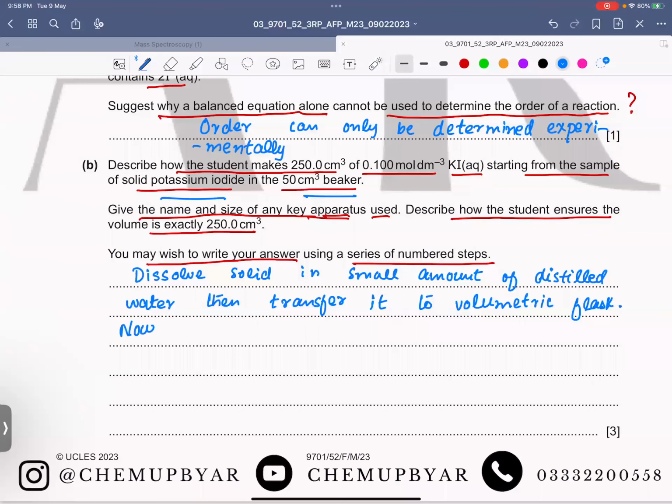Now wash the beaker and transfer the washings to the volumetric flask as well.